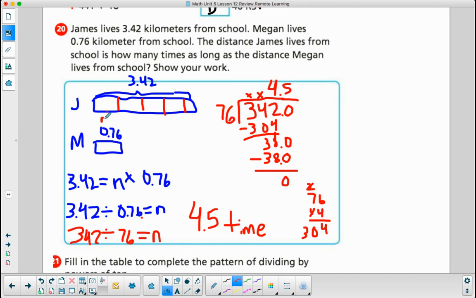One Megan, 2 Megans, 3 Megans, 4 Megans, 5/10 of a Megan, or half a Megan. Times.